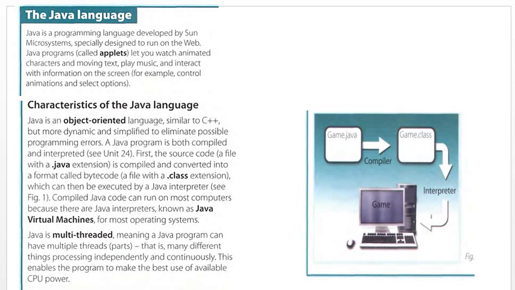First, the source code, a file with a .java extension, is compiled and converted into a format called bytecode, a file with a .class extension, which can then be executed by the Java interpreter.